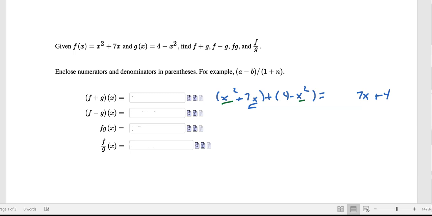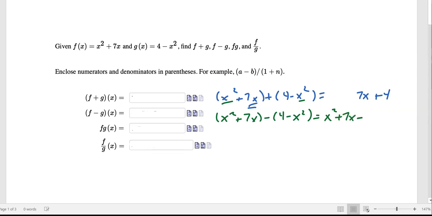Now when we do the subtraction, it's the same deal. X squared plus 7x minus 4 minus x squared, but we need to be real careful about the negative sign in distributing that. So you could do this one in 2 steps if you would like, and it might help with sign errors. The less you have to try to do in your head, usually the easier it is and the fewer silly mistakes you make.